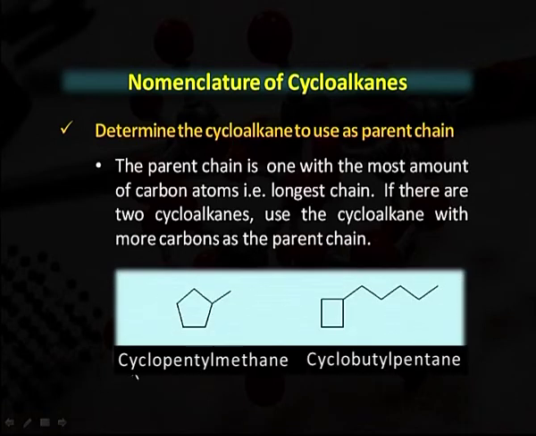This structure shows a methyl group and this one is the pentane ring, so according to IUPAC nomenclature the name of this compound is methylcyclopentane. In this structure we see meth, eth, prop, but: carbon 1, carbon 2, carbon 3, carbon 4. So it is butyl, because it is in a cyclic structure. So the IUPAC name is butylcyclopentane.